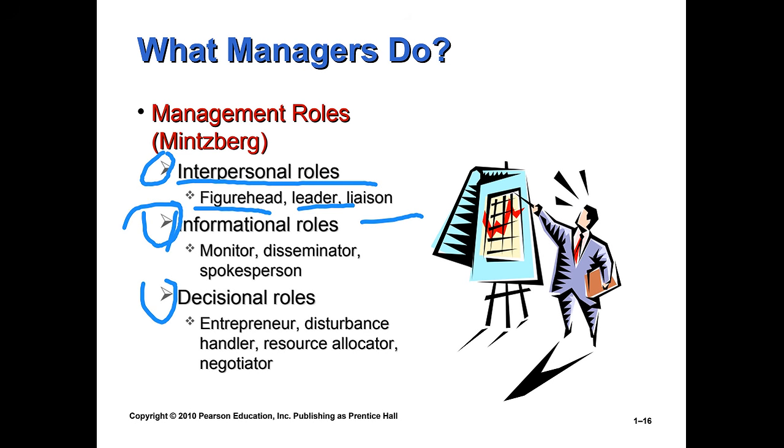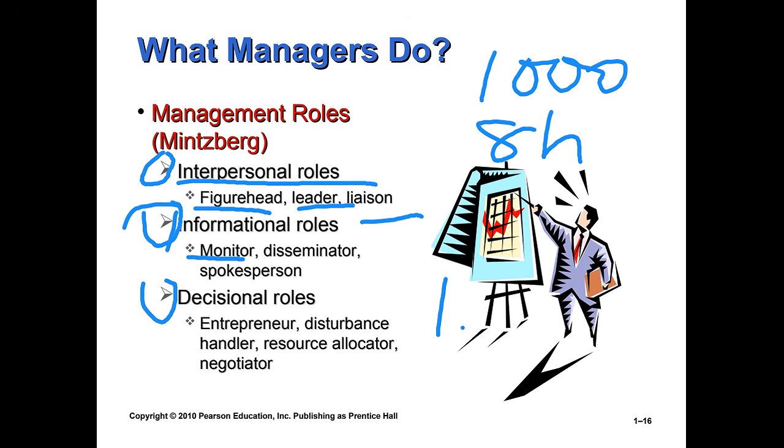Informational roles come next. In this role, a manager is monitoring the performance on a daily basis. If they have to produce 1,000 units per day, they have to check it per hour. If they have 8 hours of work, then in 1 hour they have to produce 120 units.